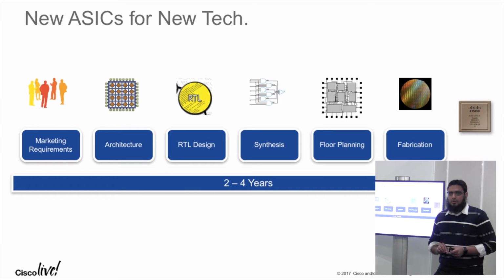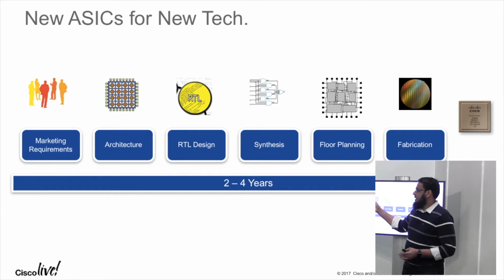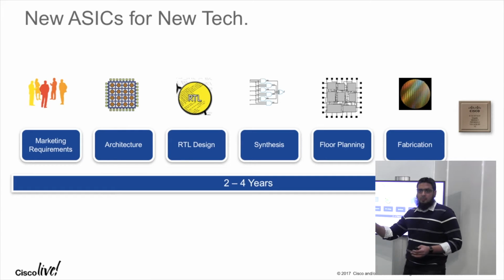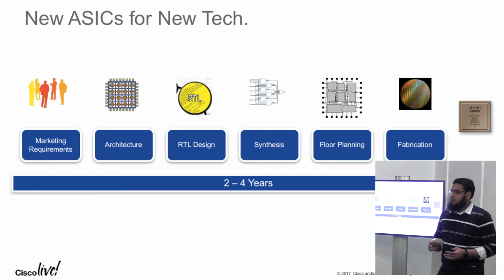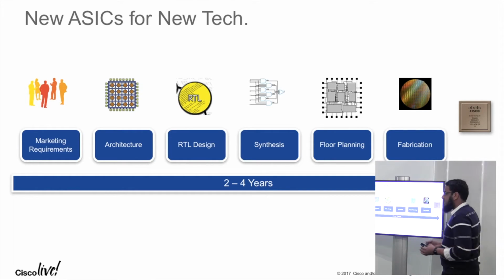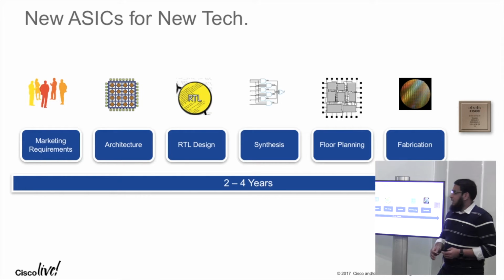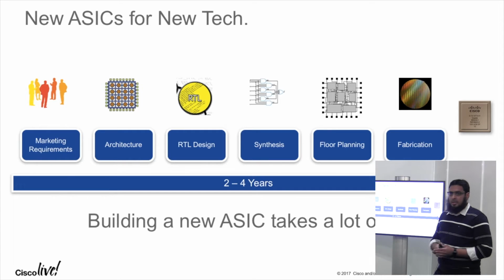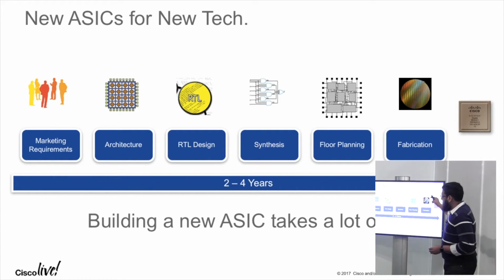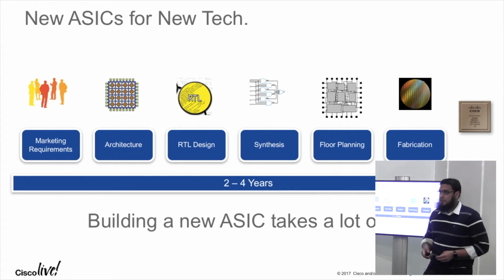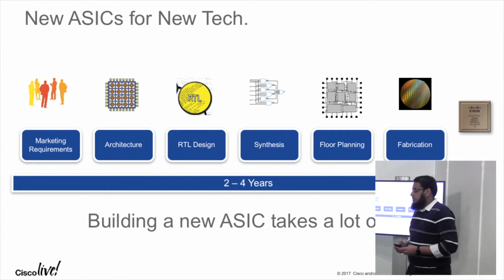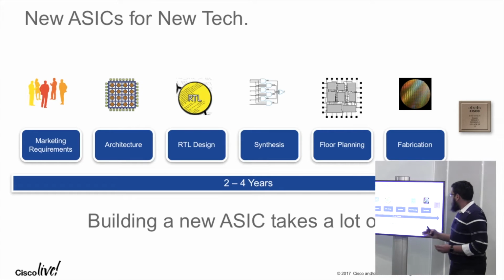So if a technology comes out today, in 2017, you have to wait until 2020, 2021, potentially, to have that technology implemented in a product. By the way, Dave Zach has talked to some of you guys, I think, last year here in Berlin, and went through a lot of details on how ASICs are built. So I'm not going to go into the details of those here. So building a new ASIC takes a lot of time.